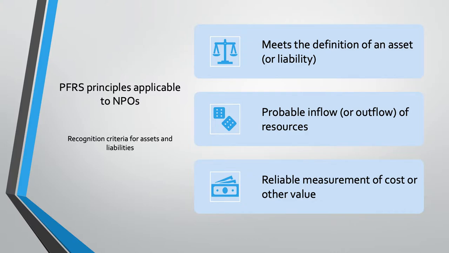The recognition criteria for assets and liabilities would be that it meets the definition of asset or liability according to the PFRS, and probable inflow or outflow of economic resources and reliable measurement of cost or other value. So yes, the recognition criteria for assets and liabilities.